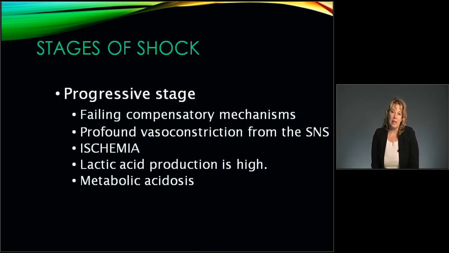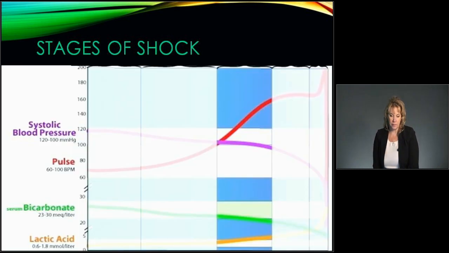So we get this profound vasoconstriction out in the periphery, and the challenge there is when the vessels are clamped down, that's going to lead to profound ischemia. And when we have very low levels of oxygen and ischemia, that's when we see the lactic acid start to go through the roof. And so the production of lactic acid goes up significantly during this progressive stage. And so now they'll have a much more profound metabolic acidosis as a result.